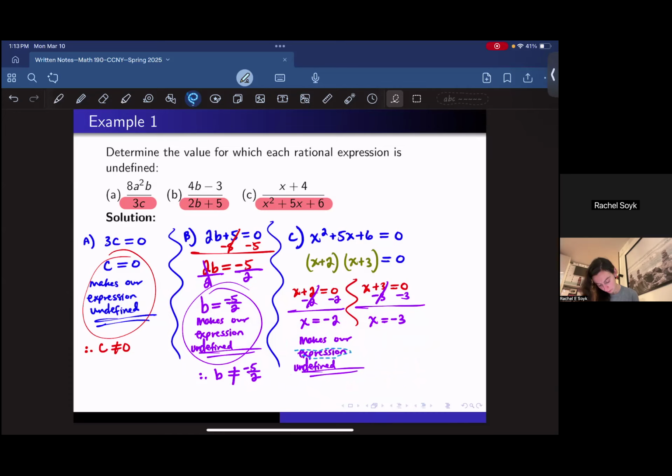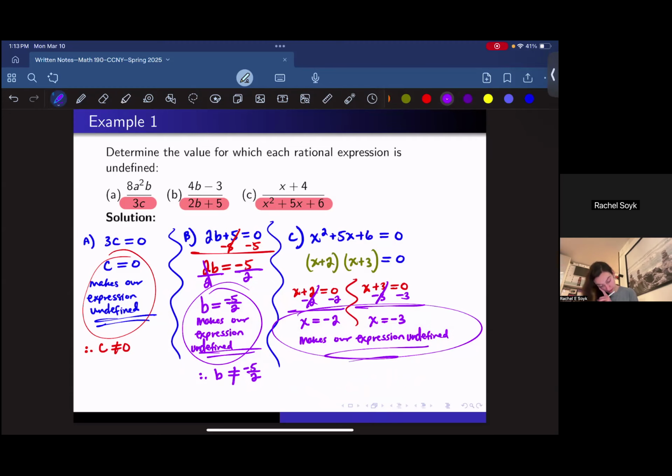And again, it's both of them. And so what does this tell us? Therefore, our x values should not be equal to -3 or -2. These values should not be in our domain.